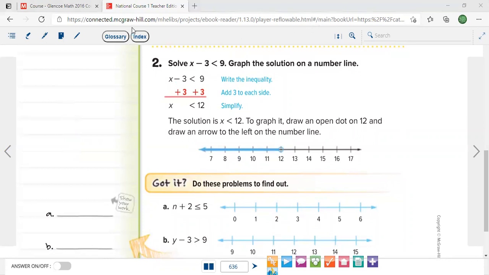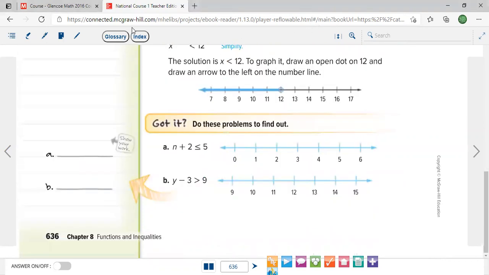So let's solve problem A. This is an addition inequality, so minus 2 minus 2. So here n, just the n, smaller than or equal to 5 minus 2 is 3. So we make a shaded circle for 3, and going to the left.